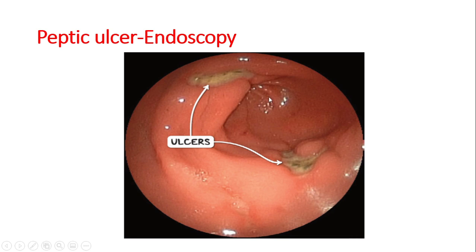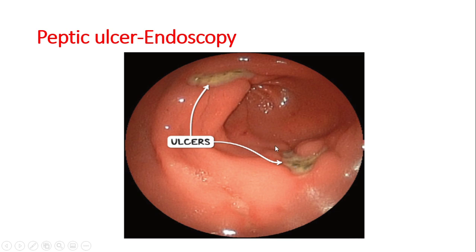Endoscopy, or OGD, is very important to recognize the cause of bleeding or epigastric pain. So this is the ulcer. The yellowish secretion is related to necrotic material.